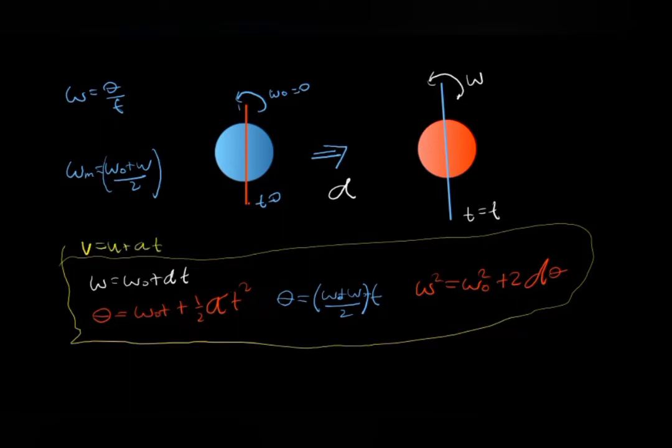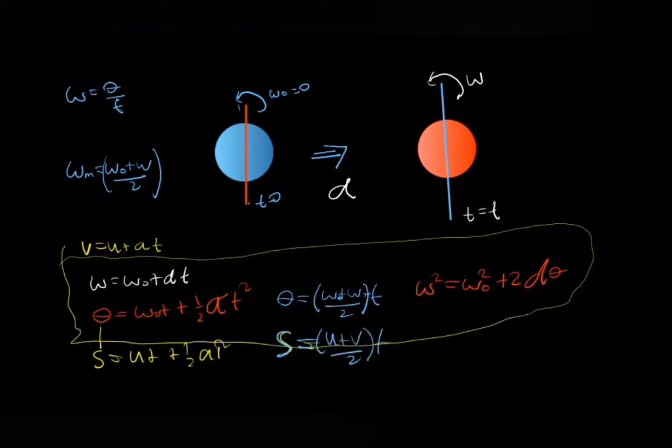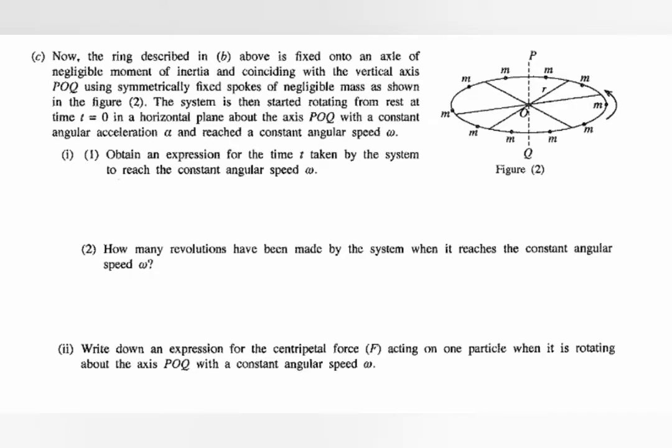Isn't that similar? Distance equals ut plus half at square. Distance equals u plus v over 2 times t. And v square equals u square plus 2as. They are similar, so it's very simple.